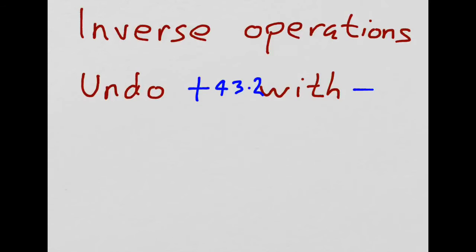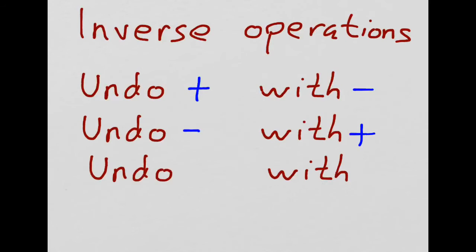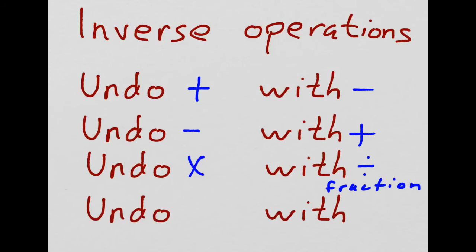Plus 43.2 with minus 43.2. And of course, we undo minus with plus. We undo multiply with divide. And divide in equations looks like a fraction. And we undo divide with multiply.